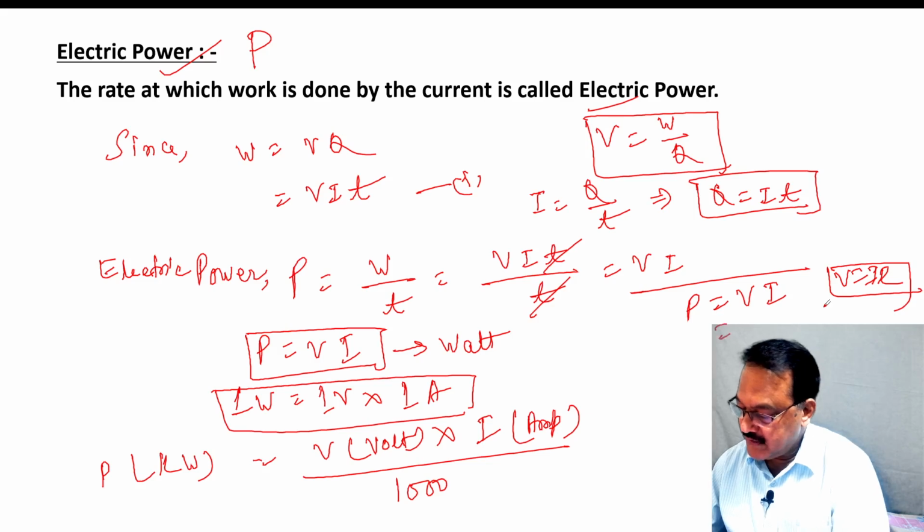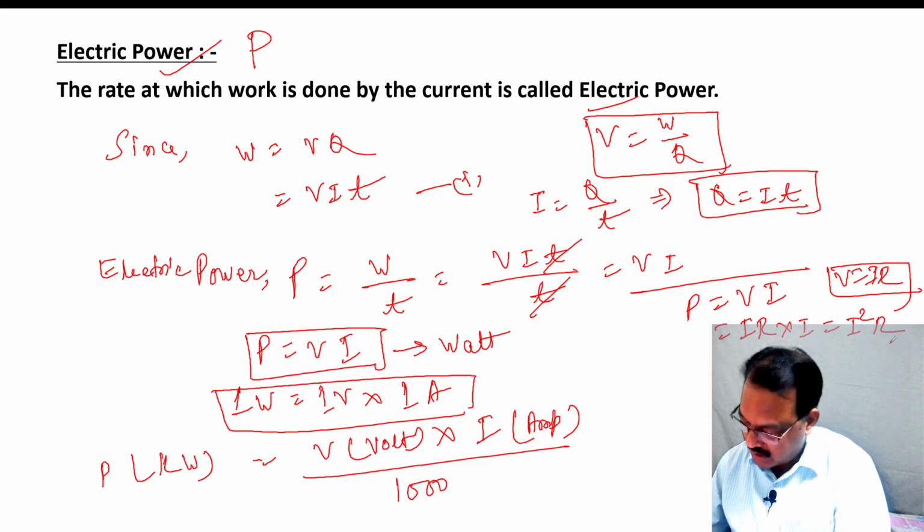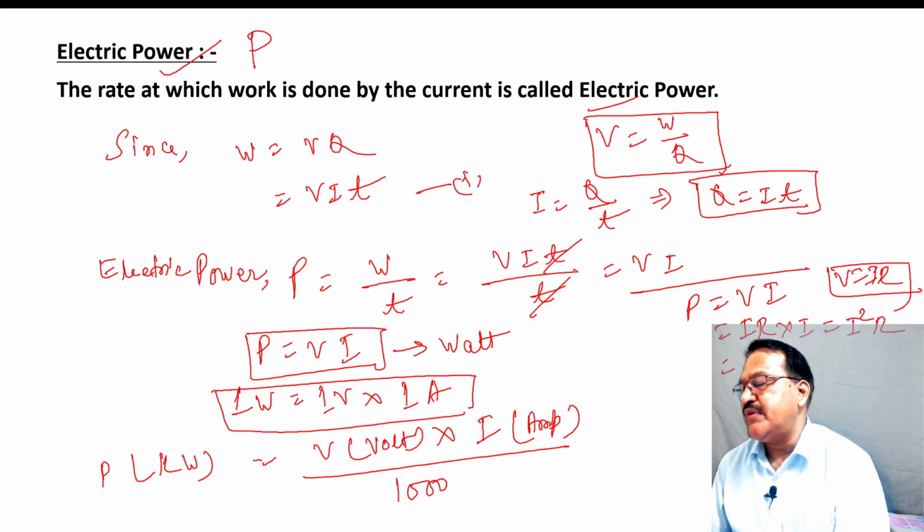We can write IR in place of V, so IR into I will be equal to I square R. So we can write P is equal to I square R also, or in place of I we can write V by R also.